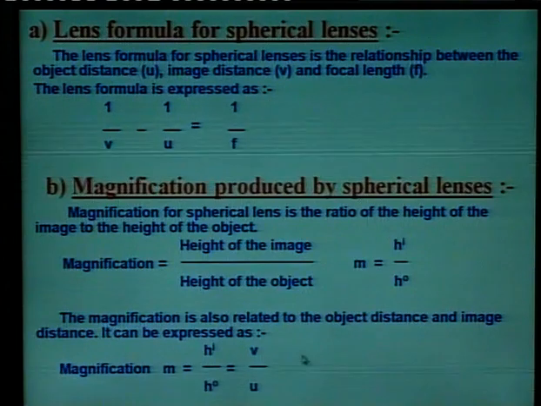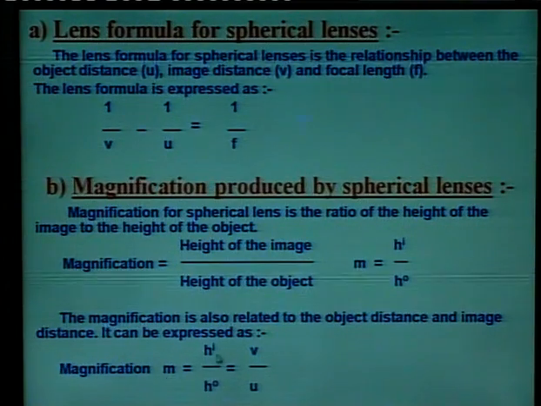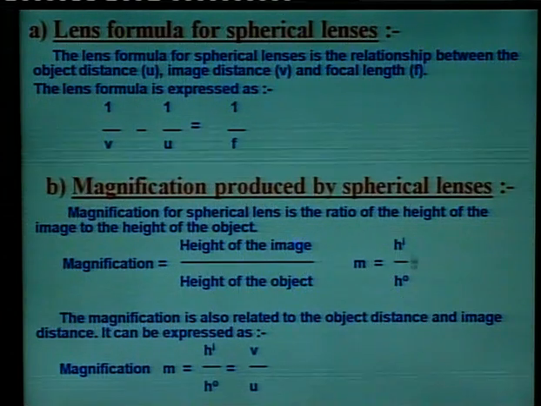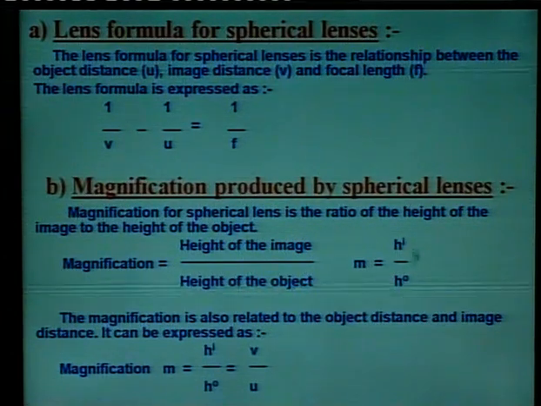Another way to represent magnification is v upon u. So magnification is v upon u, or hi upon ho, the size of image upon size of object.